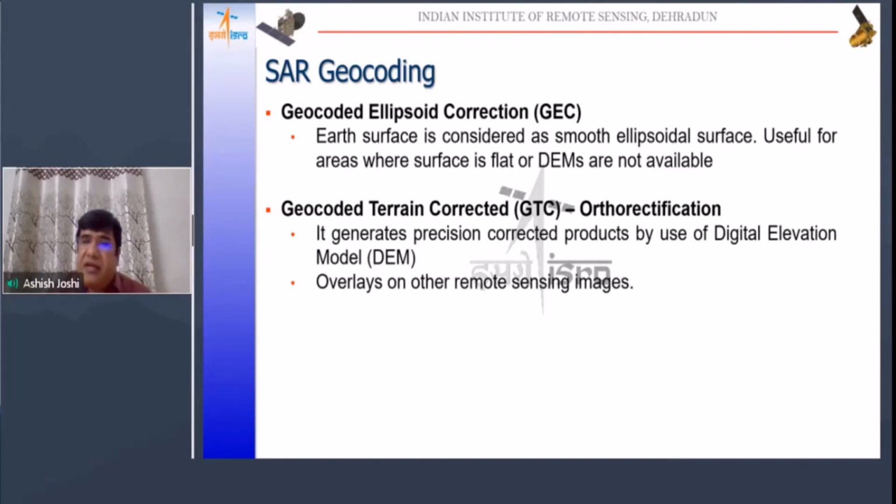Once we get the lat long, and we know the terrain surface, from that terrain surface we will extract the DEM. So if we are using the DEM, then we will use that DEM in our geolocation process to correct the image. Okay. If the DEM is not available, then we will take the average height of that imaging surface, and that will be used for the geocoded ellipsoid correction.